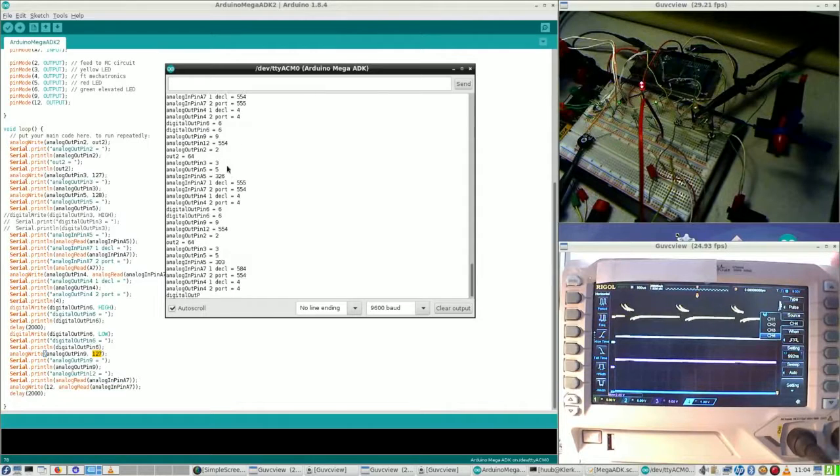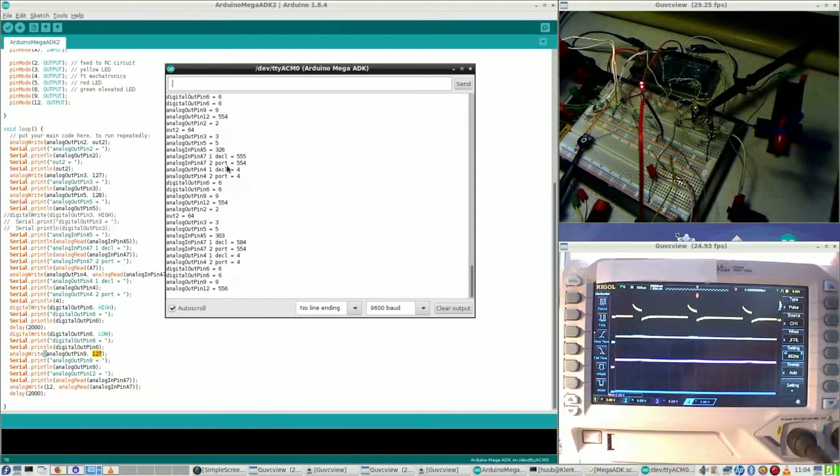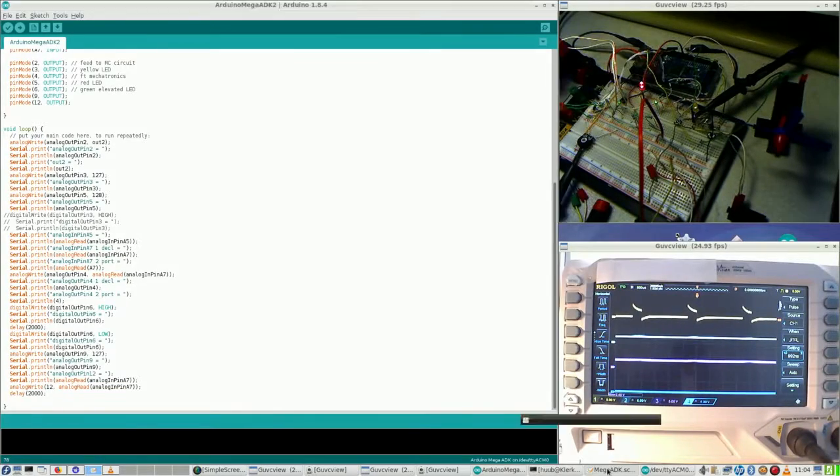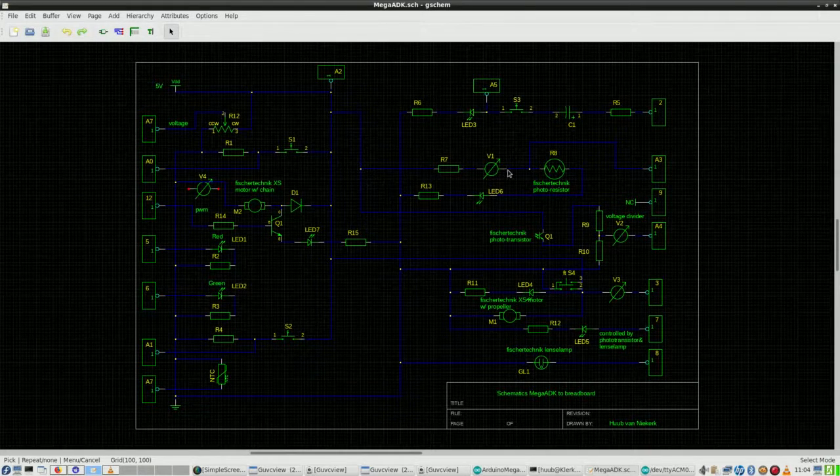So if I change this to channel 1, so what's going on anyway? Okay, I have to refer to the channel, then, or to the schematics.